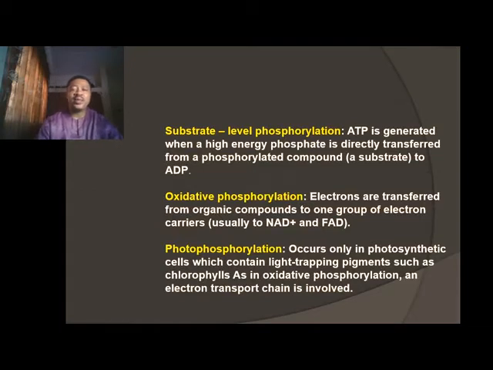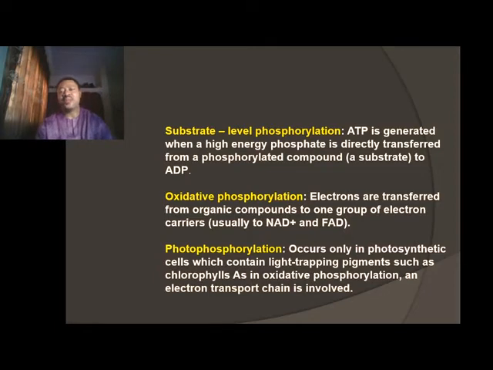Number 1 is substrate level phosphorylation. Substrate level phosphorylation is a phosphorylation that is coupled with an exergonic breakdown of an organic substrate molecule.